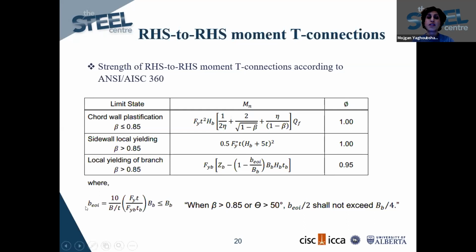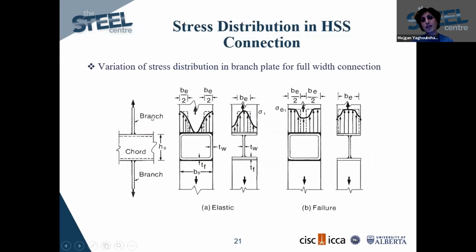And as you see, AISC defines an effective width, which is a parameter that shows how rigid the connection is. If the connection is semi-rigid, which is the case in most situations, the stress distribution at the branch perimeter is not uniform.